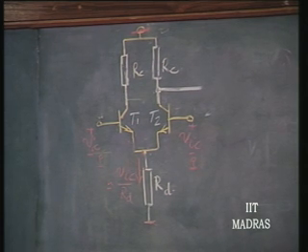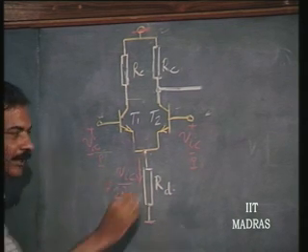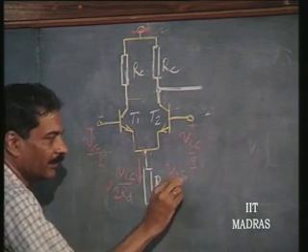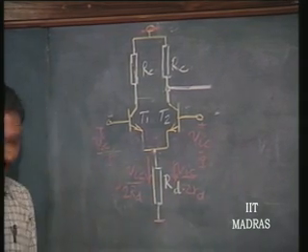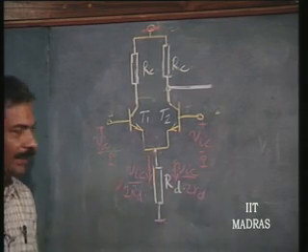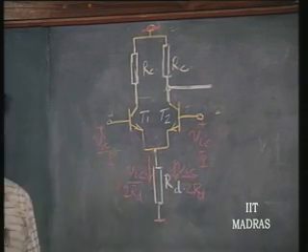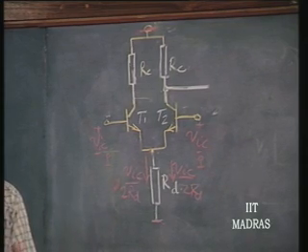Which means I can consider that it is VIC by 2 RD and VIC by 2 RD, okay? Two current sources, flowing that way, VIC by 2 RD, VIC by 2 RD, summing up to VIC by RD.